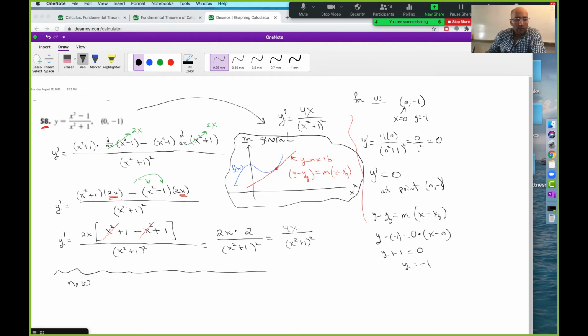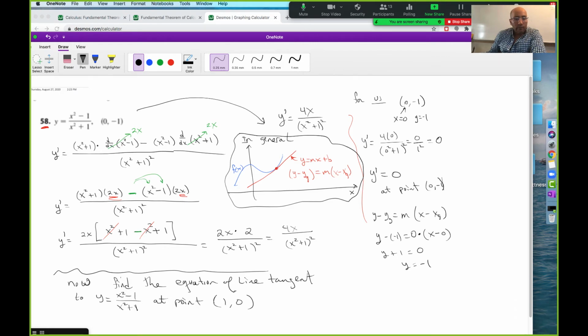Now, find the equation of the line tangent to y equals 2 x squared minus 1 over x squared plus 1 at the point 1 comma 0, right?